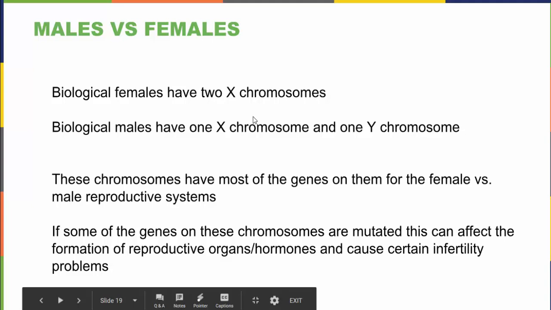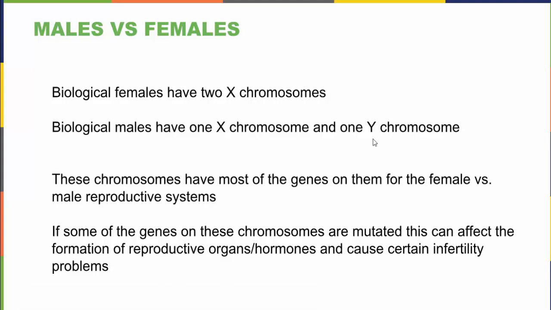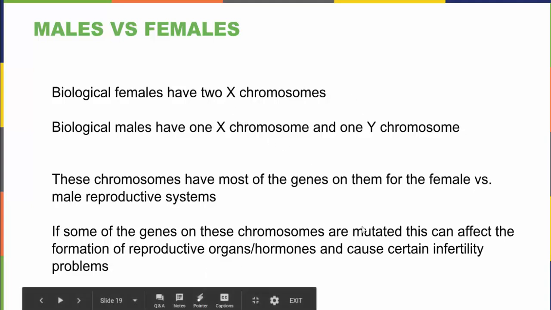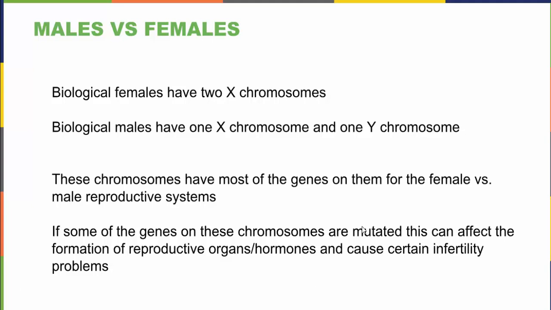Biological males have 1 X and 1 Y. The Y chromosome doesn't have much on it except for male reproductive stuff. The X chromosome has some stuff that both males and females need, and a lot of the female reproductive stuff on it. If things are mutated on these chromosomes, that often can cause problems with formation of reproductive organs, hormone production, infertility problems, things like that.